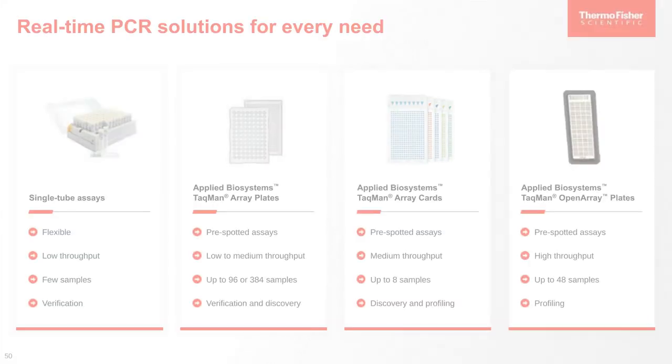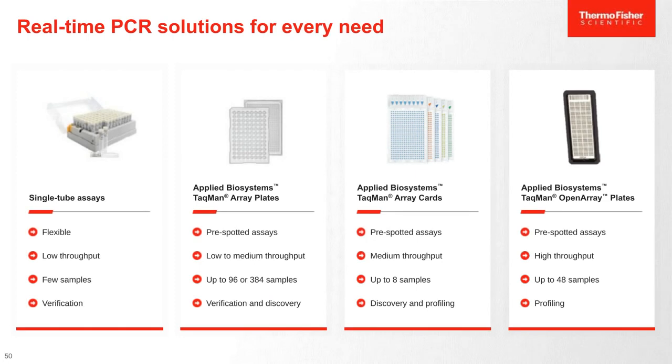Kind of to define those a little bit better, you can see, from low throughput all the way to the highest throughput. All of these have good sensitivity and specificity. It just really depends if you want to maximize the information you get, or if you only need certain information.